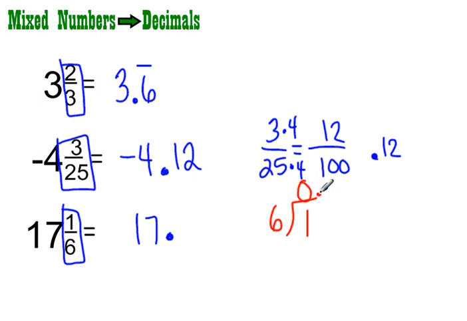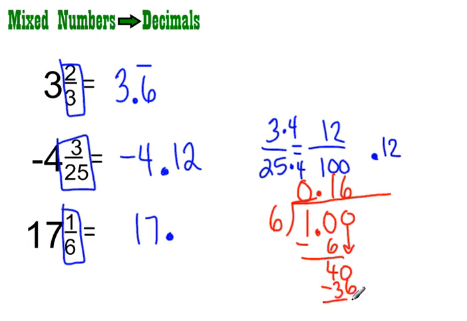No. I know I put these numbers in correctly. 6 does go into 10 one time, with 4 left over. 6 goes into 40 6 times. 6 times 6 is 36. I've got 4 left over. I'm going to bring down, wait a minute. This is the same thing I got before, which means that this is going to continue to be 6's.